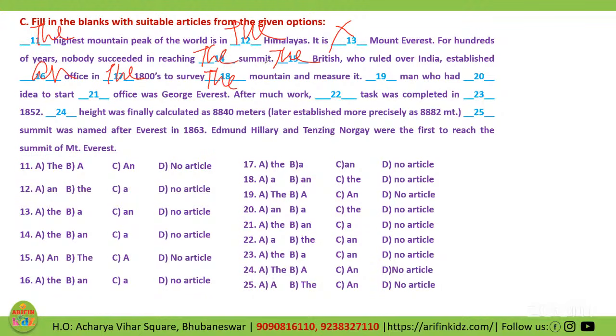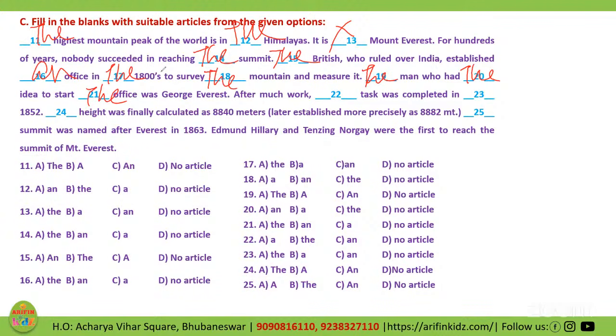19 would be the man, we are talking about a specific man who had. Number 20 would be who had the idea to start the office was George Everest.